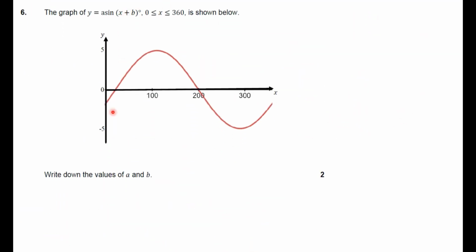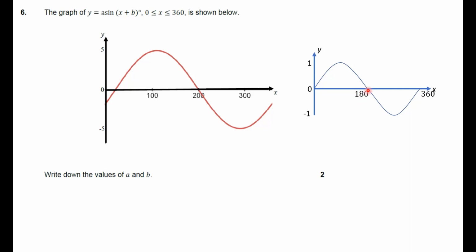We have this graph. Now it's related to the sine graph because it tells you here. So let's put in the sine graph that we know. There's a sine graph. The sine graph has a maximum of 1, but the maximum here is 5, which means we're 5 times what it was, so A will be equal to 5.